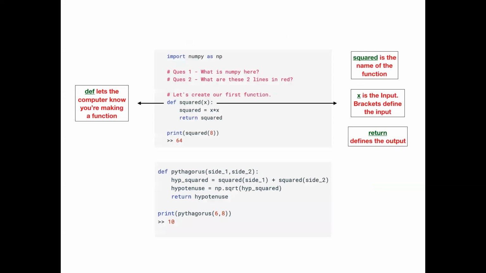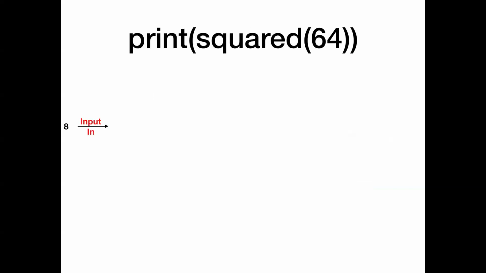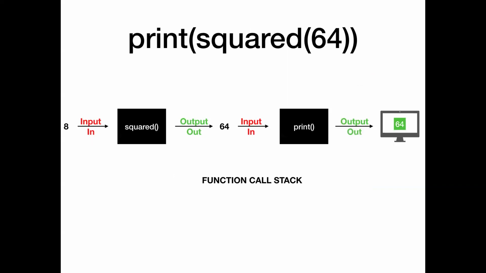We saw squared, we saw np, we saw square root, all these things going on, and then that calls on print. So there are a lot of functions calling on other functions, and the way we describe this process in computer science is called the function call stack. Why it is called a stack is something that we don't want to go into right now, but let's just call it this.